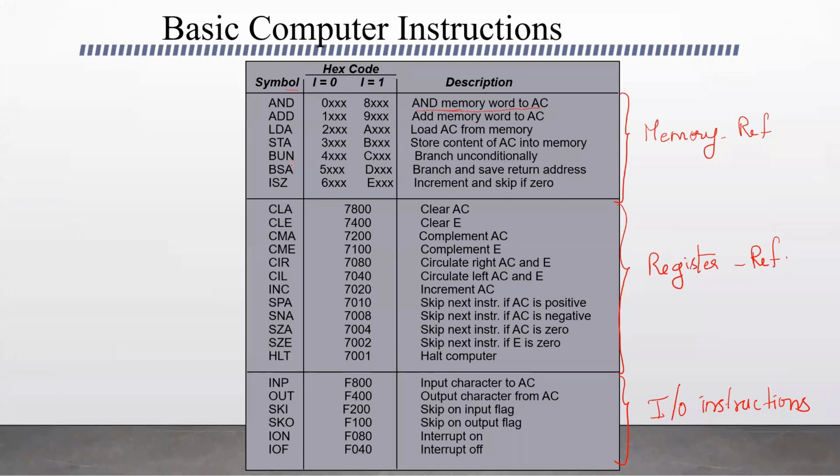BUN, branch unconditionally, means to go to the instruction stored in some other address, not sequentially. BSA, branch and save return address: this address specifies the memory address. So these are all memory reference instructions. Increment and skip if 0: increment the address and skip if it is 0.